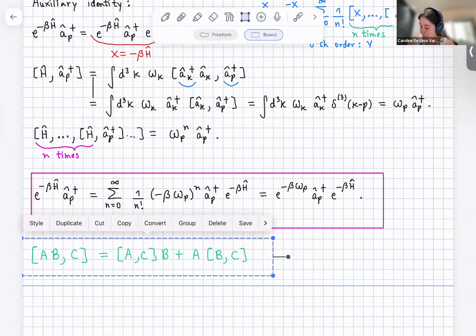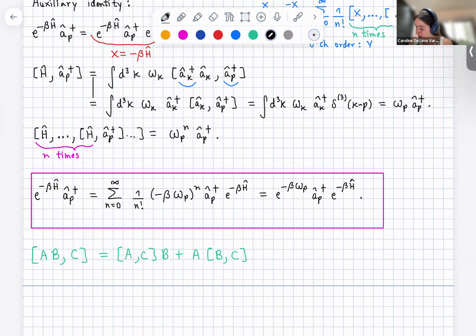In the case that we had here, it was AK dagger, AK with, sorry that I skipped one step. If I just plug the same idea here, what I have is AK dagger with AP dagger times AK. But this one is going to vanish, so I already didn't even write that one. I just wrote the other one.